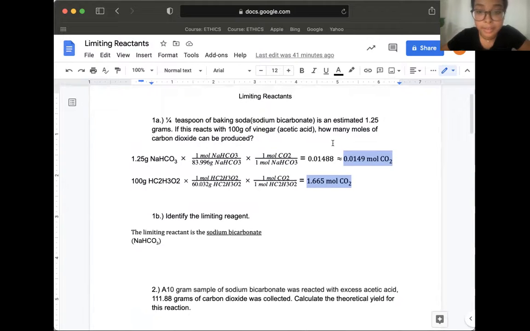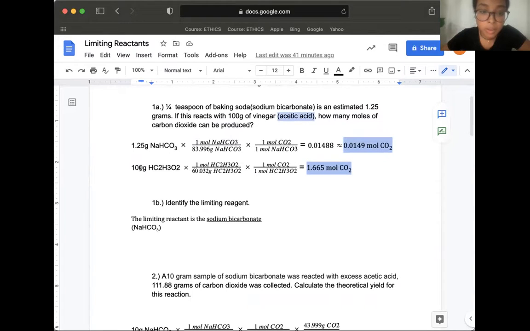To find the amount of moles produced from the reactant of vinegar, or acetic acid, 100 grams of acetic acid, or vinegar, times its mole divided by its molar mass, 60.032 grams, times a mole of carbon dioxide divided by the whole mole of the entire reactant here.